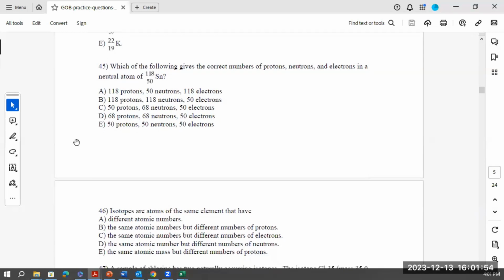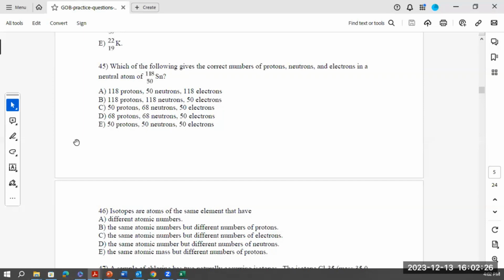Okay, so which of the following gives the correct number of protons, neutrons, and electrons in the neutral atom of 118 SN50? A, 118 protons, 50 neutrons, 118 electrons. B, 118 protons, 118 neutrons, 50 electrons.